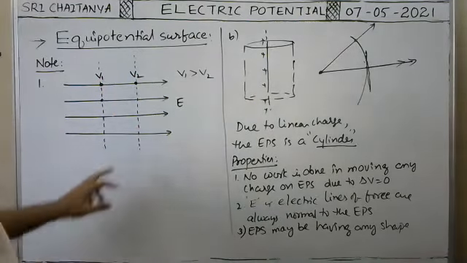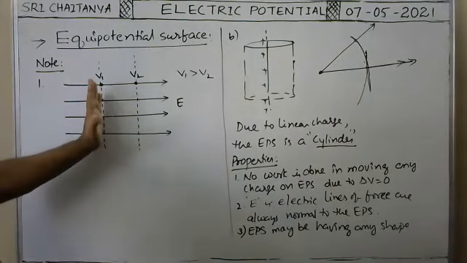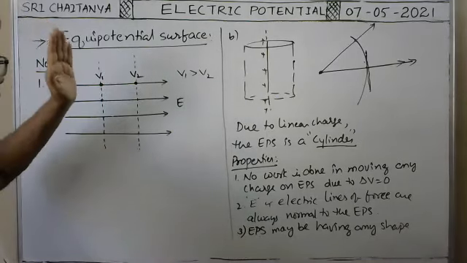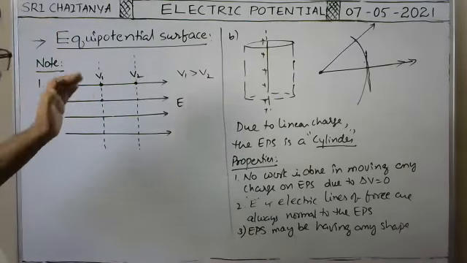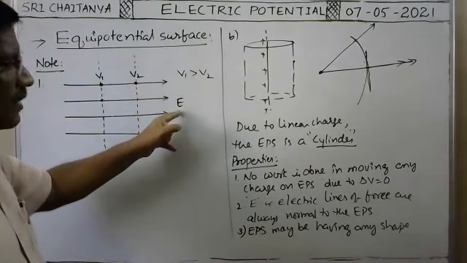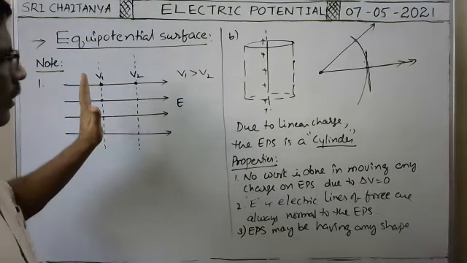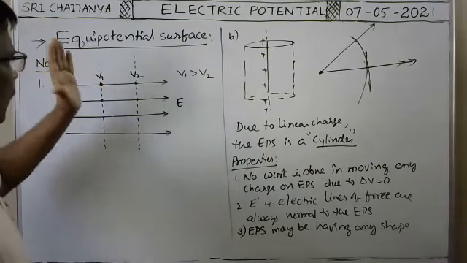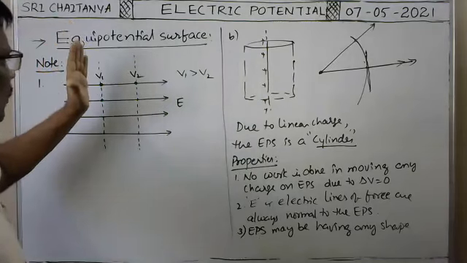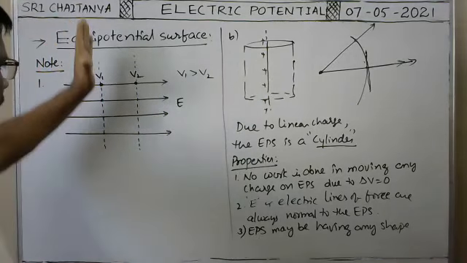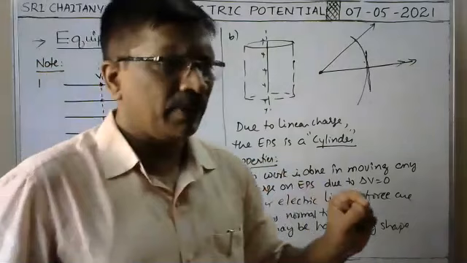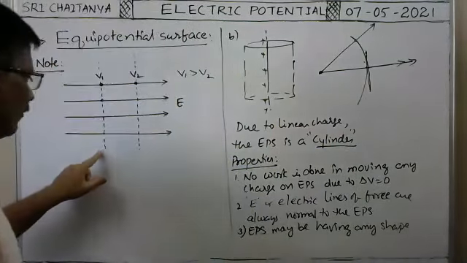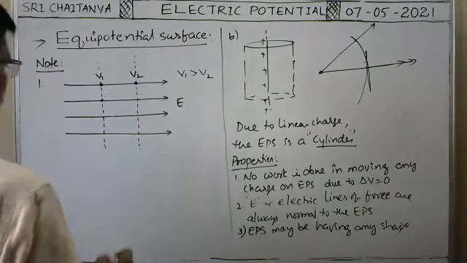Imagine this plane. Due to a uniform electric field, the intensity of electric field remains the same at every point and the direction is also the same. That's why in case of a uniform electric field, at any place, if you draw the equipotential surface, you will get a plane surface.